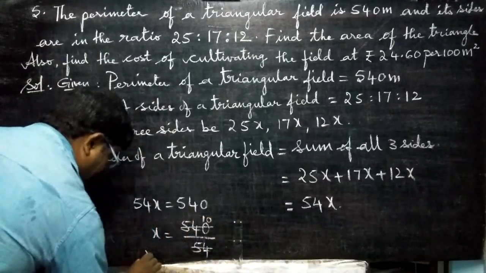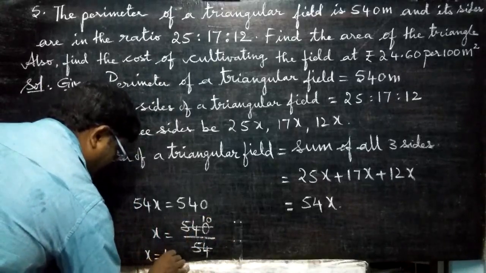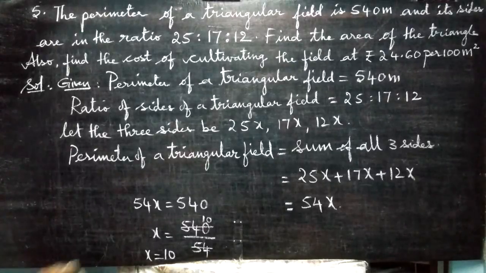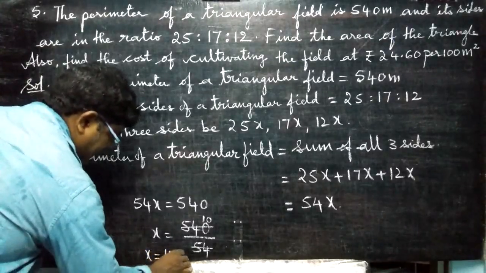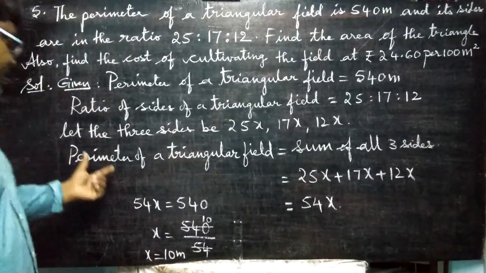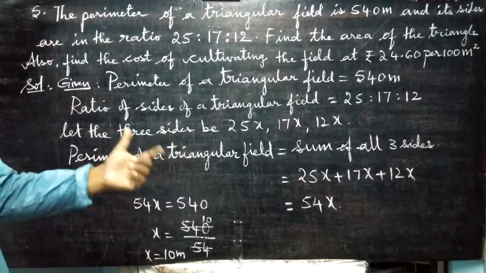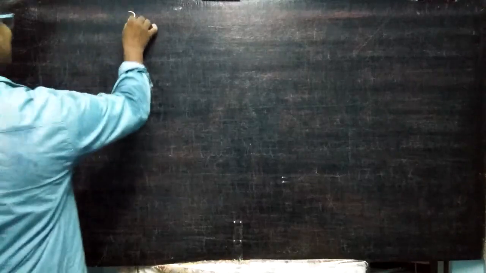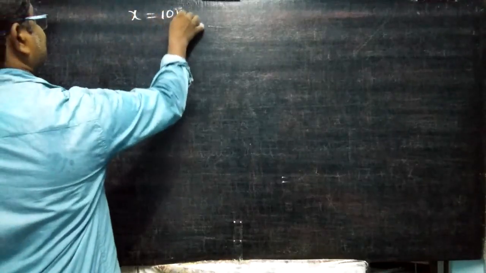So x is equal to 10 meters. Don't forget the measurement, because it is mensuration. We have to find the first side, second side and third side.